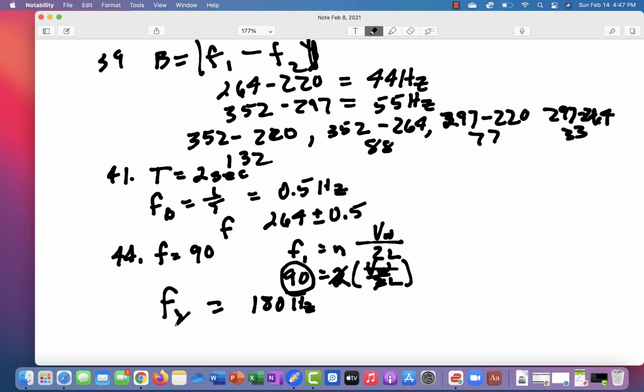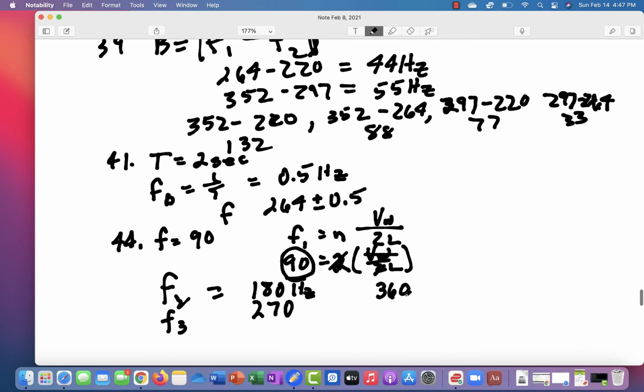And if you put 3 in, you're going to get 3 times that, or 270. If you put 4 in, so this is the third overtone, you get 4 times 90, or 360 hertz. So those are the 3 overtones. Now, as it says in the book, it's more complicated than that because of the split reed. I don't know much about musical instruments, but there you go.